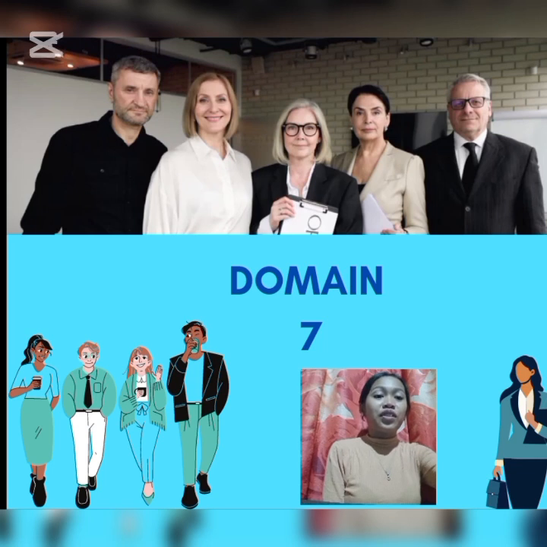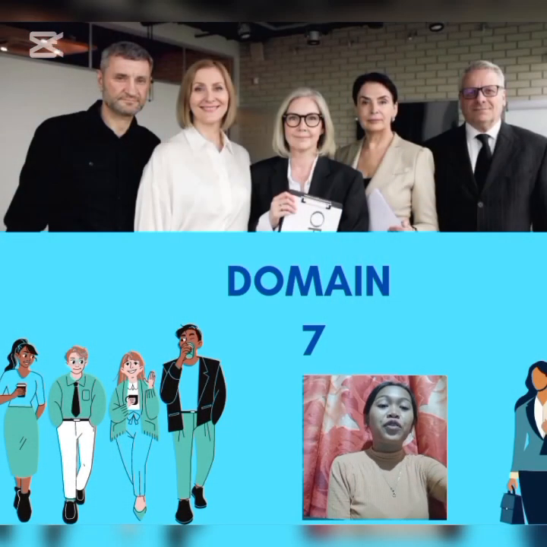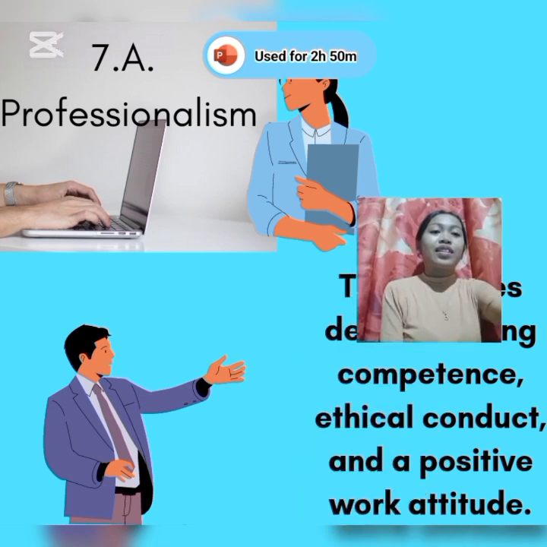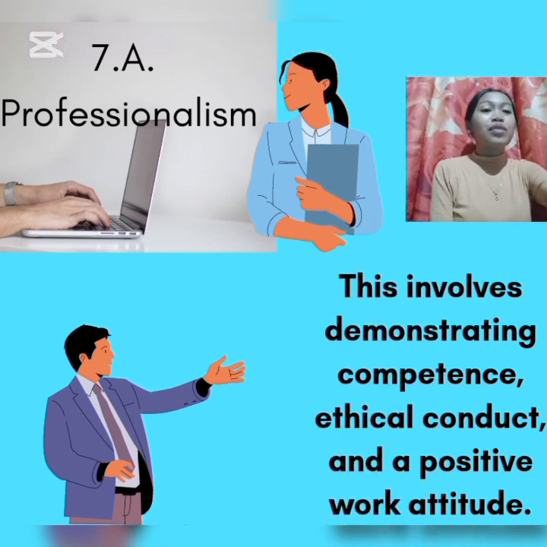Now let's talk about domain 7, which is the personal and professional attributes and interpersonal effectiveness. Now let's have the first competency standard, 7.A Professionalism. This involves demonstrating competence, ethical conduct, and a positive work attitude.